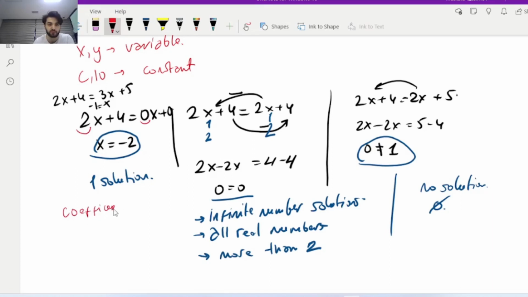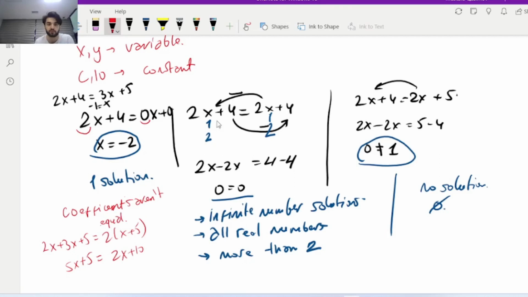If you have this kind of equation, first we have to open the bracket and write the x terms together. After that we have to look at the coefficients. If they are not equal, it means that there is one solution.